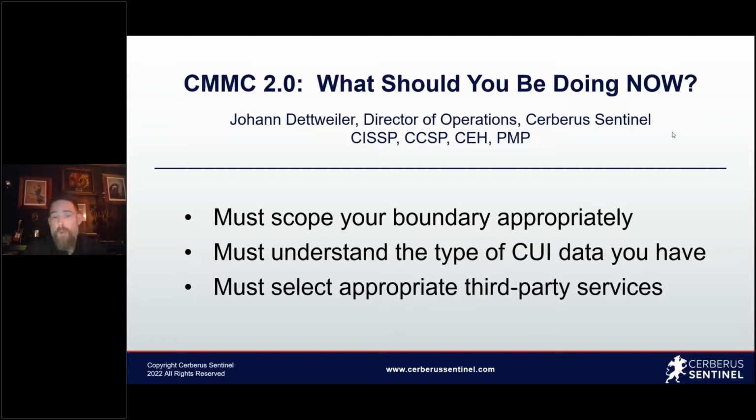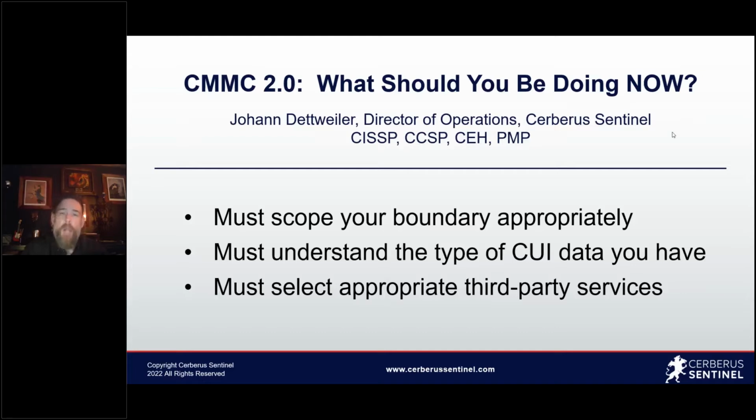So my number one consideration that I recommend every organization take a look at is scoping your boundary. It's very important to understand that while CMMC is an organizational certification, it focuses on an organizational system. That's defined in NIST 800-171 Revision 2 on page 10.